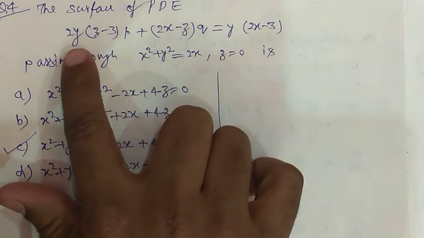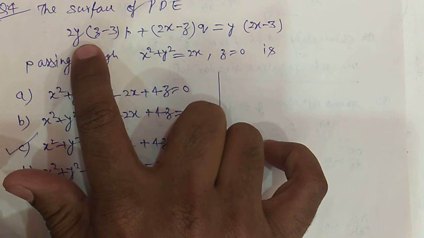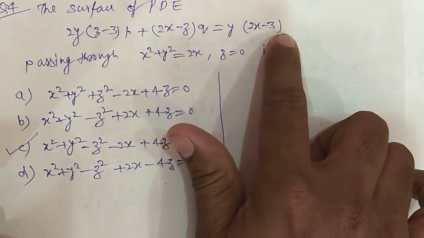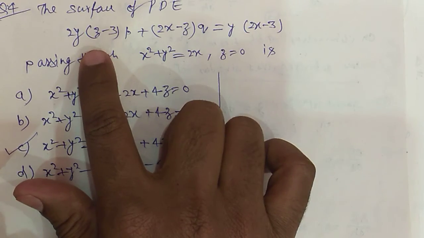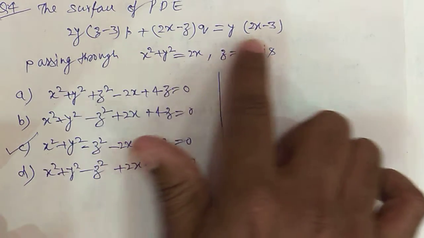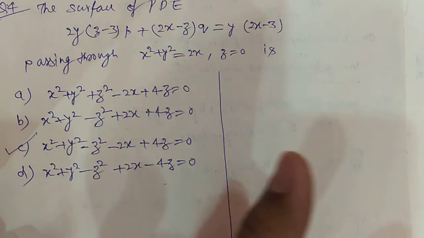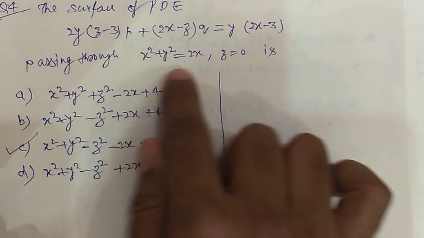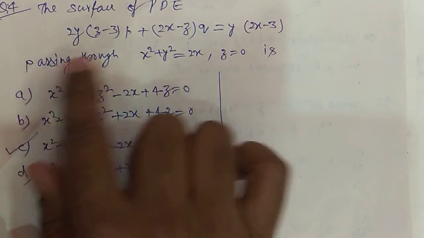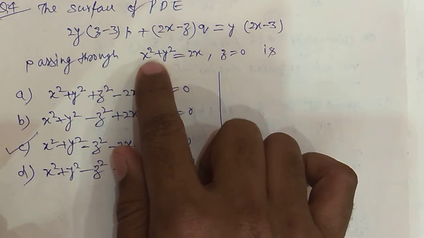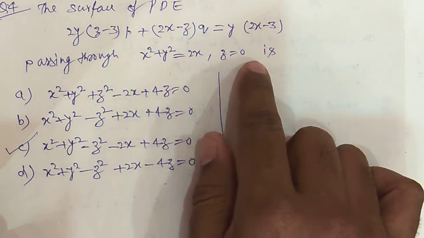This is the given equation. It is a non-linear equation, it is not semi-linear. So we solve by Charpit's method, and this given family of surfaces passes through the particular curve x squared plus y squared equal to 2x and z equal to 0.